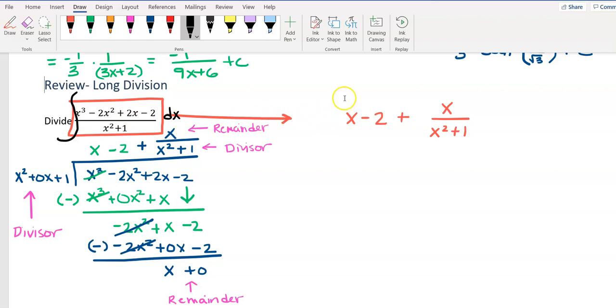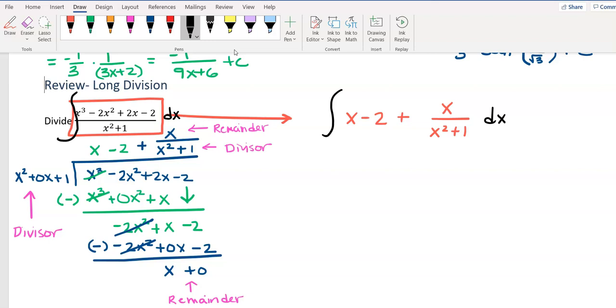So long division is one way of helping you simplify the rational function so that then you're able to take the integral of something. So this is one thing that definitely you want to keep in your back pocket as a way to help you integrate some of these difficult rational functions.